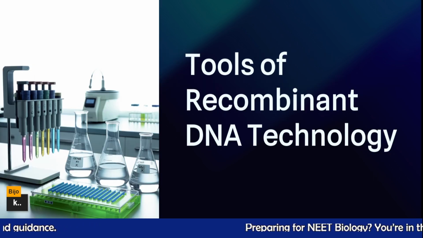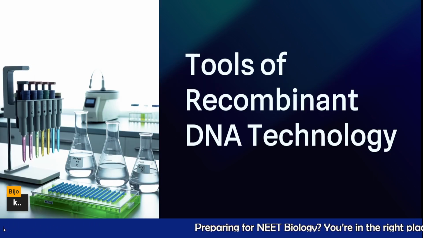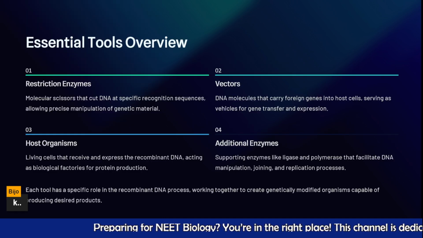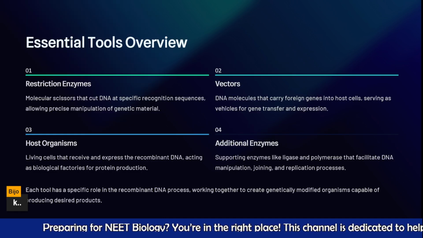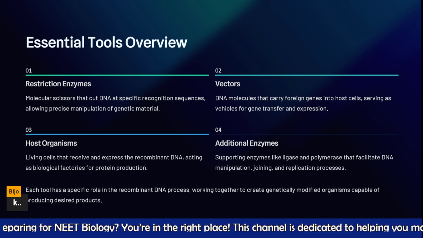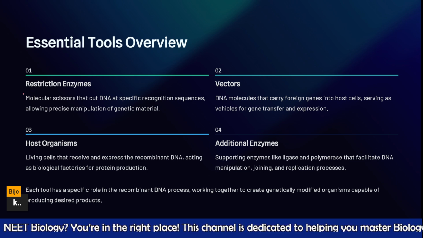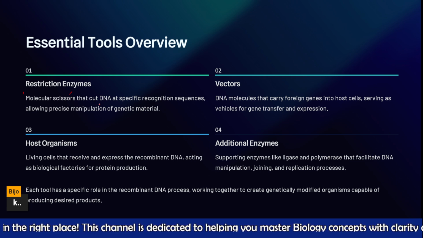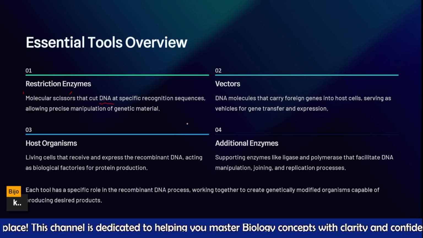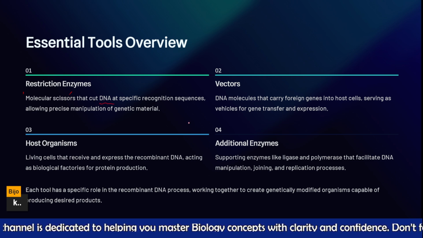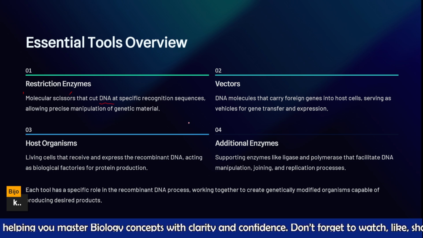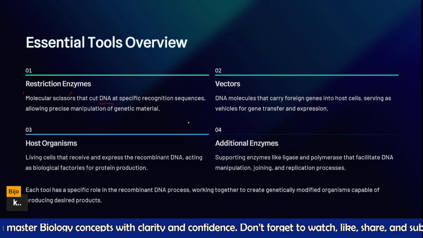Okay, so let's start with the tools of recombinant DNA technology. The very first tool, remember, is the restriction enzyme. We already know that restriction enzymes are called molecular scissors. Why are they called so? Because they cut the specific part of the DNA. They will find the specific region of the DNA and cut that region.